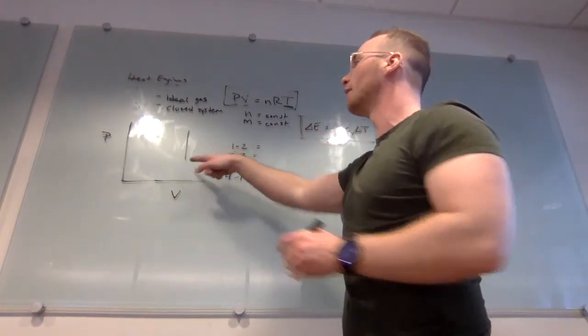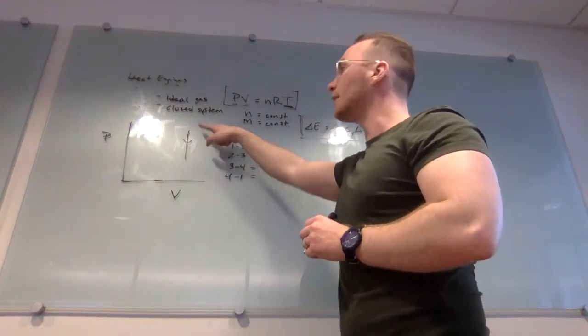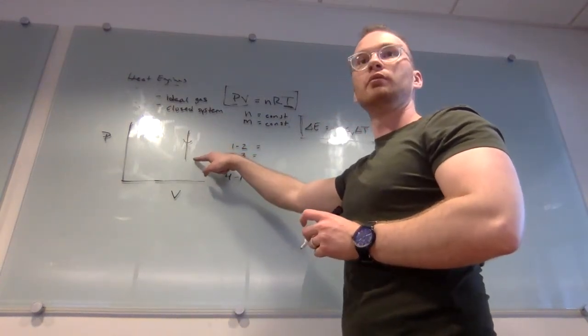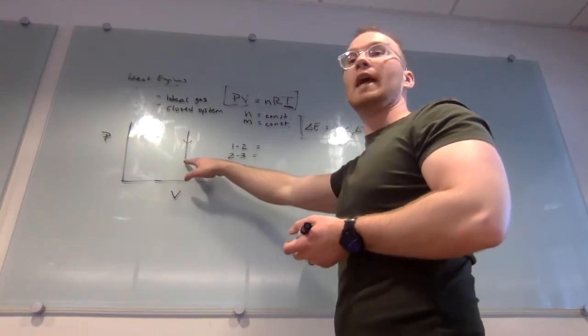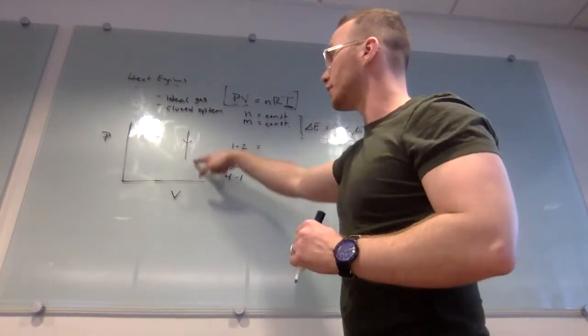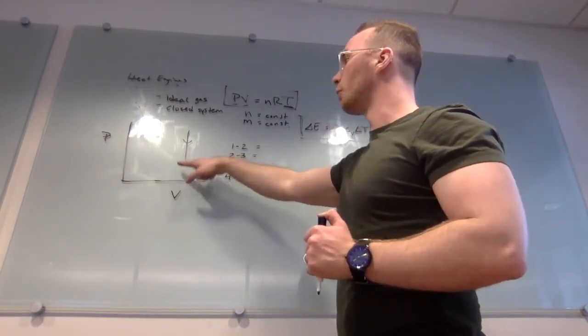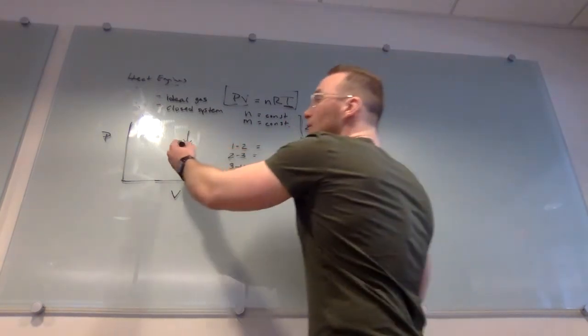You have a gas at some pressure at a certain volume, and you make it lower pressure in the same volume. Necessarily you have to change the temperature here. There's no way this would just happen by itself, because otherwise, how would you lower the pressure if the volume was the same? Anyway, this is called an isochore.